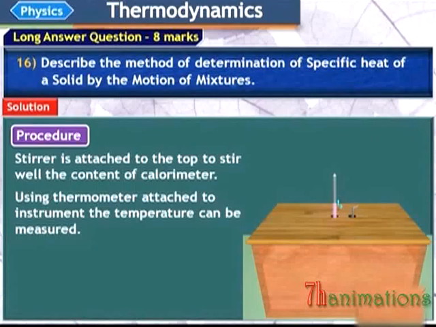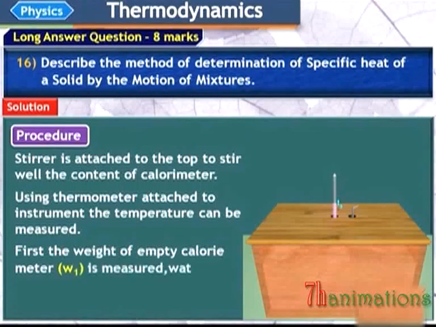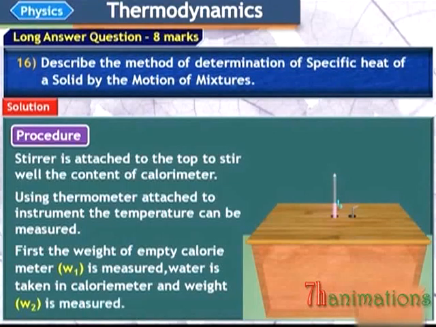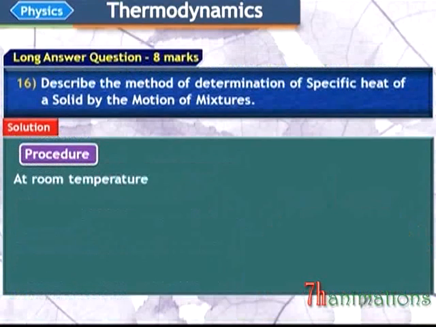The procedure of the experiment is, first the weight of empty calorimeter W1 is measured. Water is taken in calorimeter and the weight W2 is measured. At room temperature T1 degrees Celsius, solid is taken.